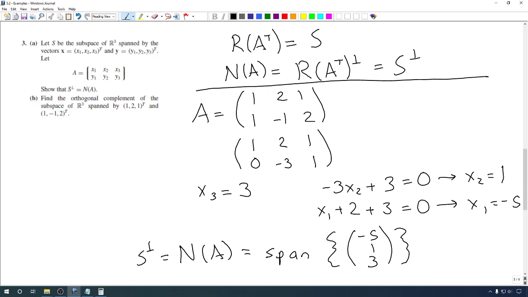We would put those vectors as our rows, and then use the fact that the null space of that particular matrix is going to be the orthogonal complement of our row space to actually find the orthogonal complement of the subspace that we're working with. The process is exactly the same. This just happened to be working with 3 and 2 as our dimensions.